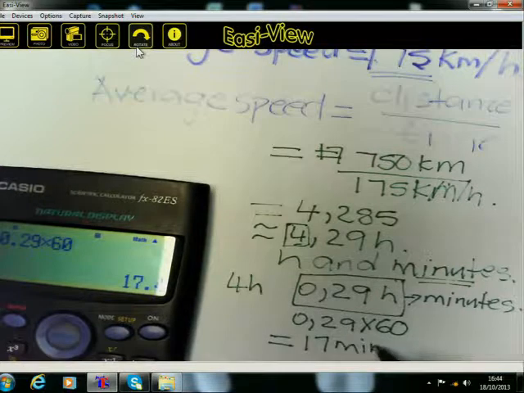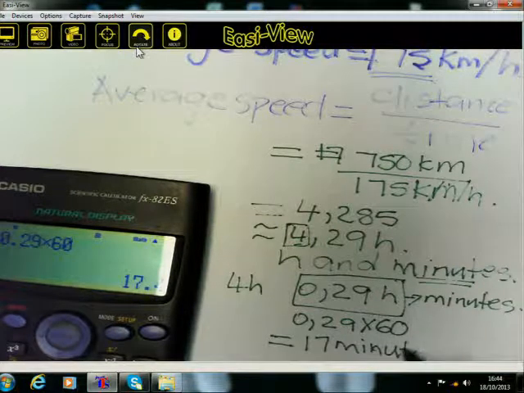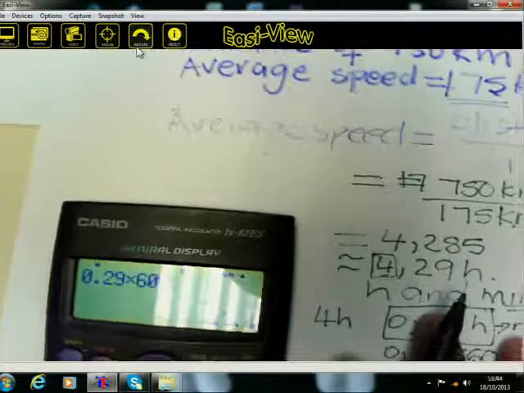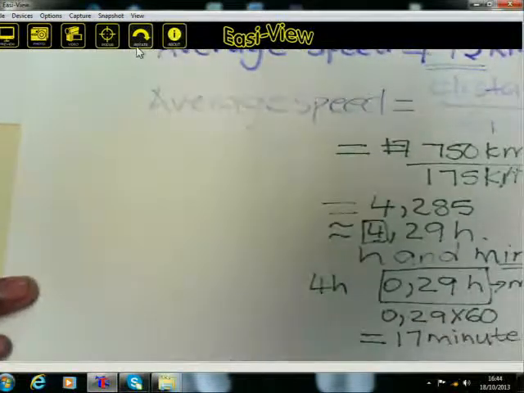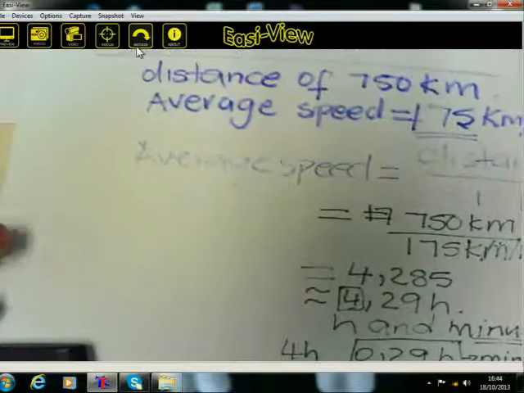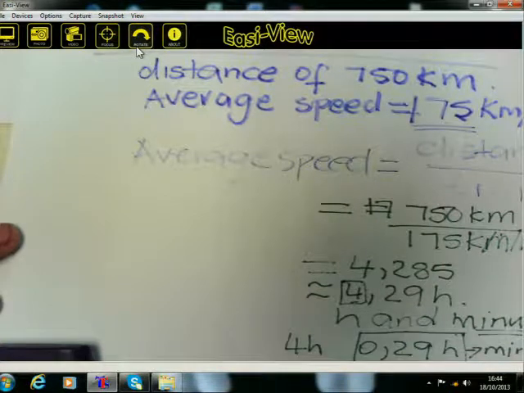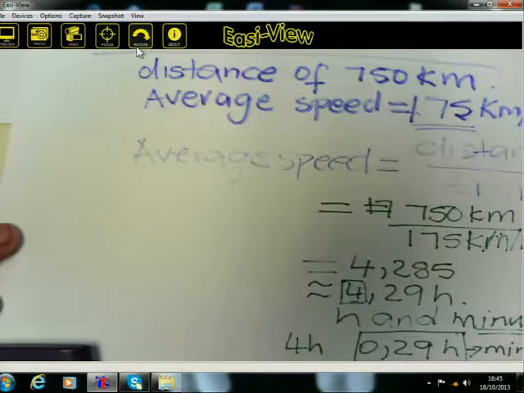Don't worry about the decimal, which means now Mr. Coetzee has traveled for 4 hours 17 minutes. I hope we are together.